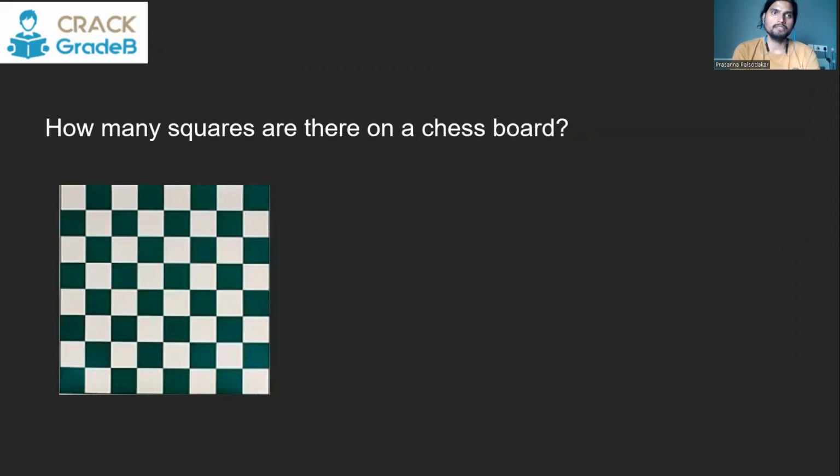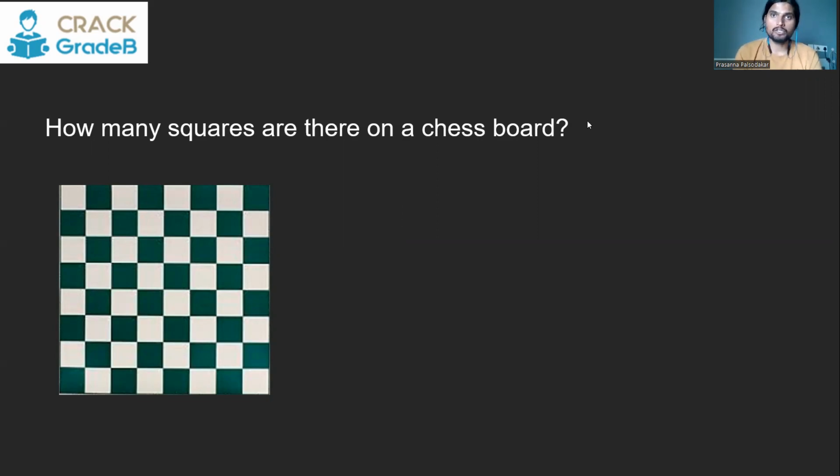We are to answer how many squares are there on a chessboard. So a student who is a fresher definitely thinks there are 64 squares because we play chess. At least in childhood, we have played chess. We know what a chessboard is. So usually the answer I get is 64.